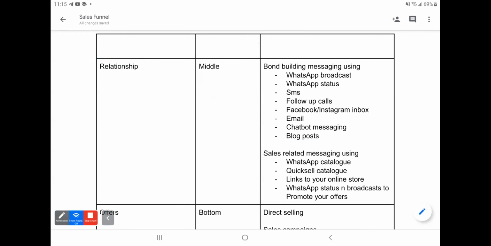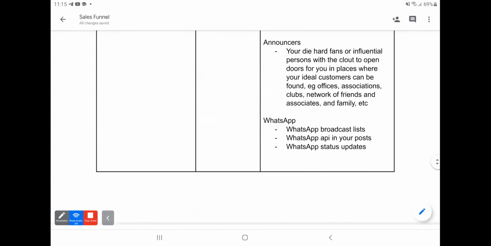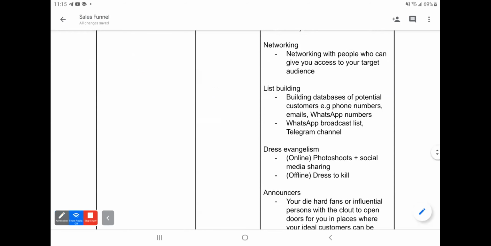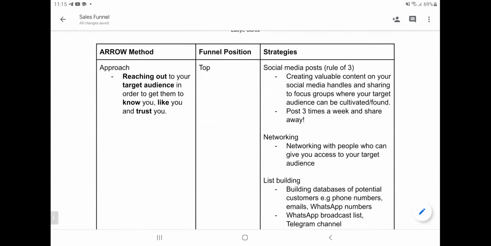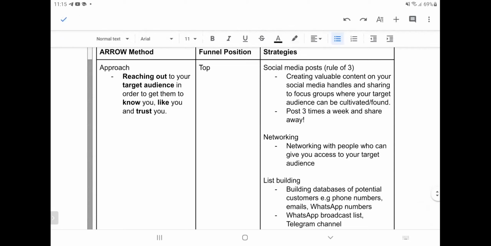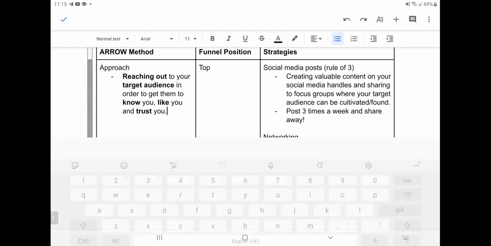At the top here, in the approach phase, what you are more concerned about is approaching your target audience, to hunt for contacts and channel them to your social media handles. So let me add some things.